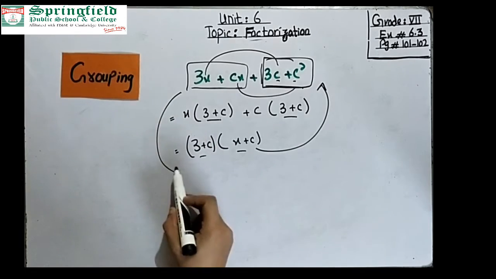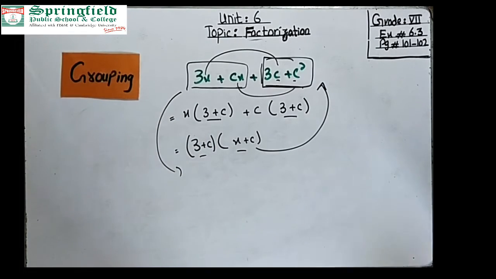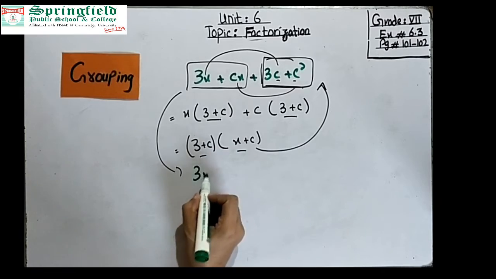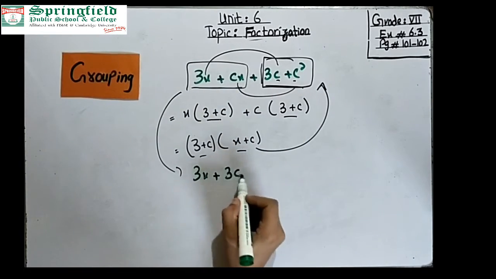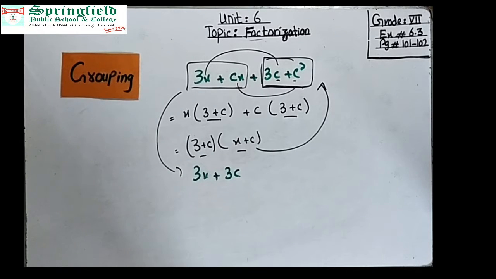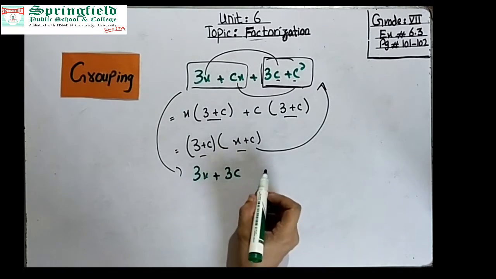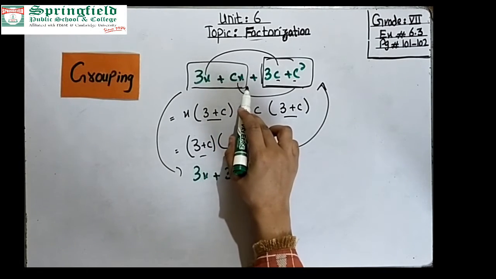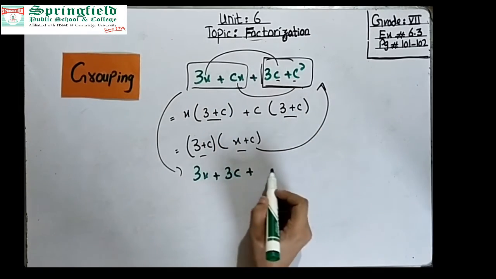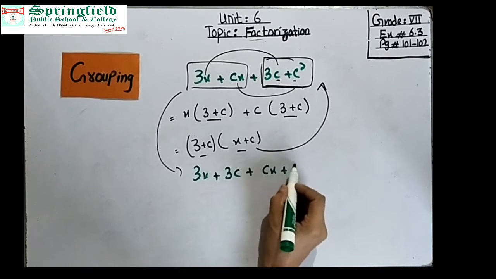So the first is 3x and the third term 3c for making the group. And now the next one is cx and then c square. So cx plus c square.